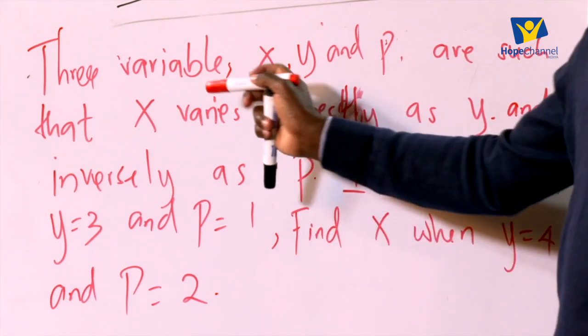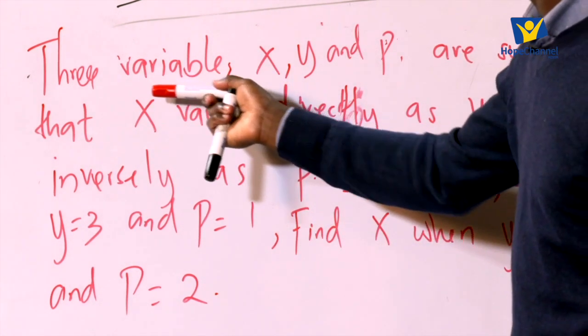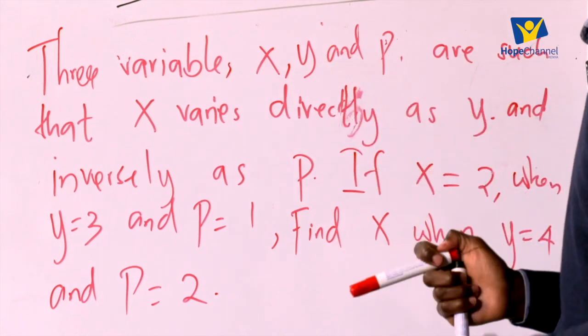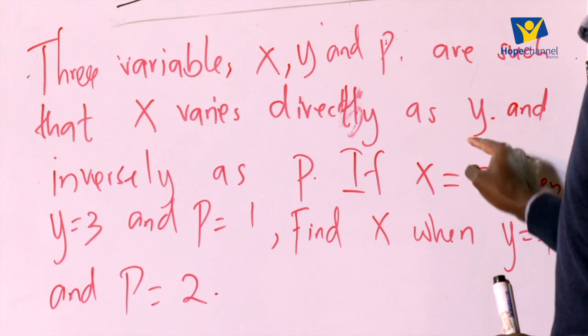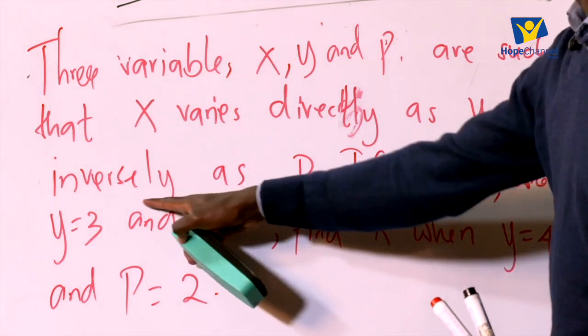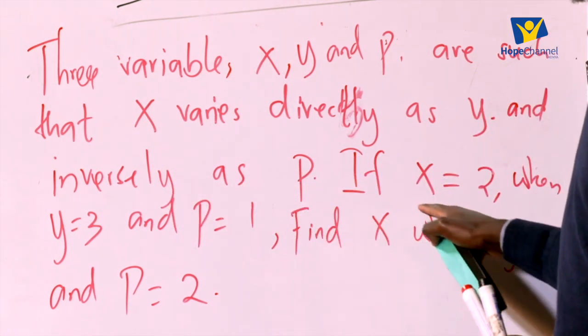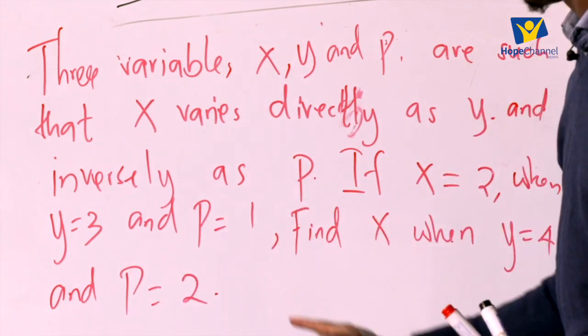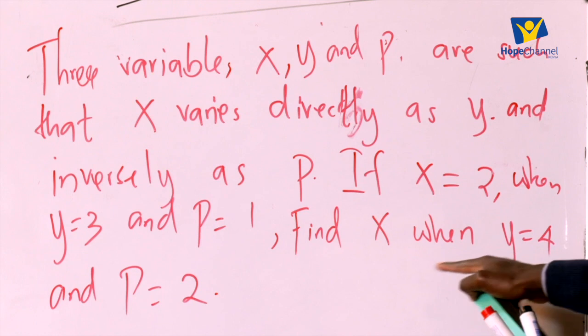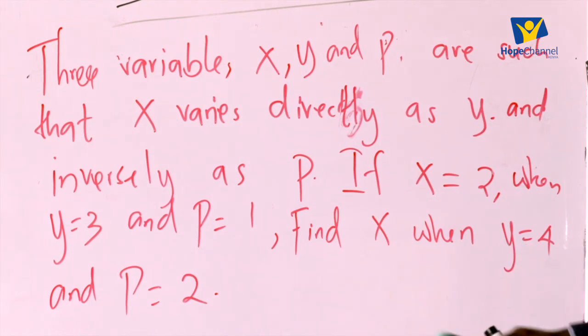So we have three variables. Let me read it again. Three variables, x, y, and p, are such that x varies directly as y and inversely as p. If x is equal to 2 when y is equal to 3 and p is equal to 1, the question is find x when y is 4 and p is 2.